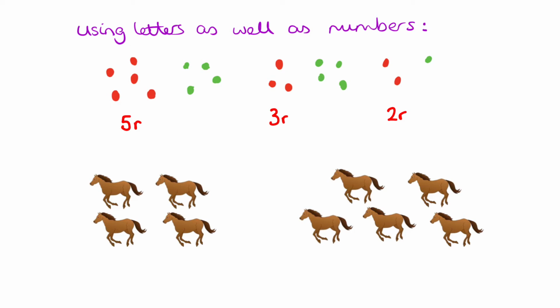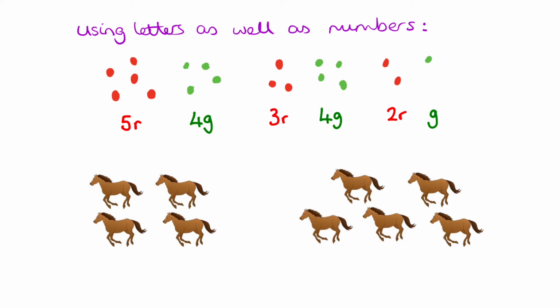And it would make sense, wouldn't it, now, to call the green dots G. So say we've got 4G there, and 1G there. Now, when we're writing one of a letter in maths, we don't put the 1 in front of it because we don't need to.